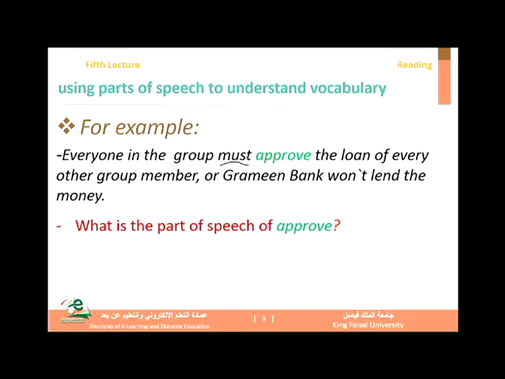So must comes only before verbs. فلو جاني سؤال what part of speech is the word approve؟ بكل بساطة أقول بأنها verb، فعل. كيف عرفت؟ لأني نظرت للكلمة اللي قبلها.